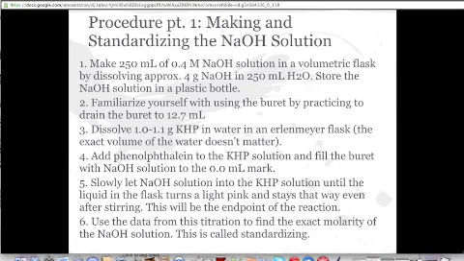And using our measurements from how much NaOH we'd used and the amount of grams of KHP, we could determine the exact molarity of our NaOH solution.